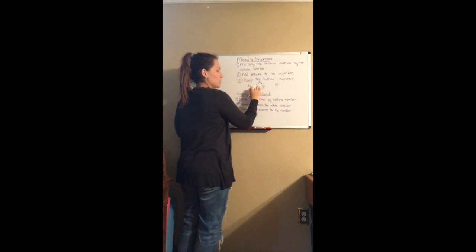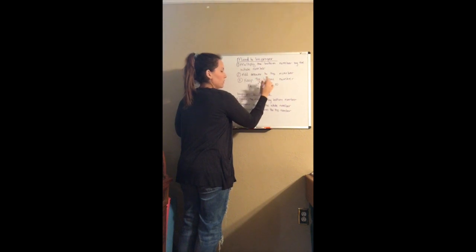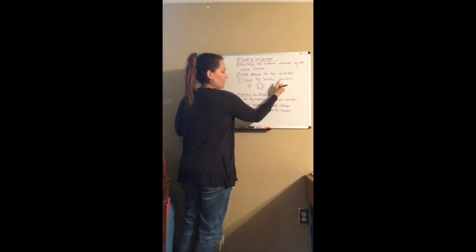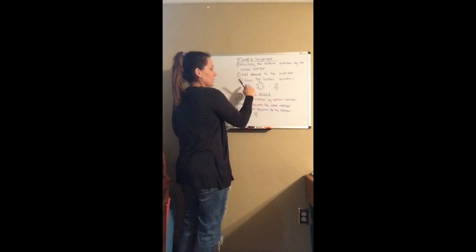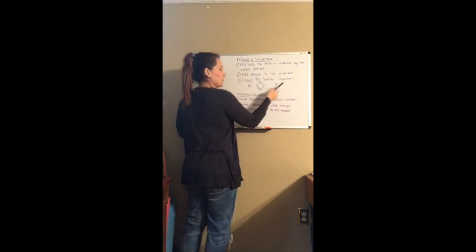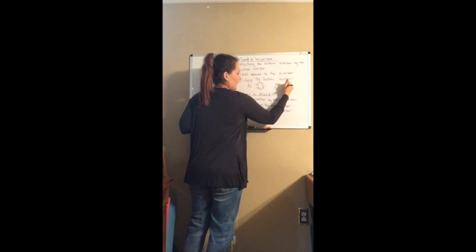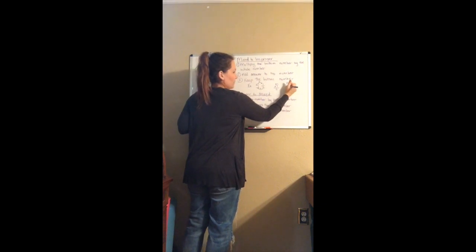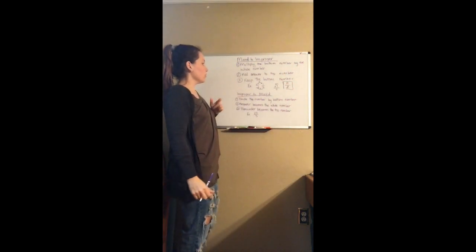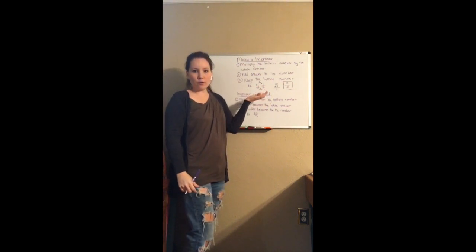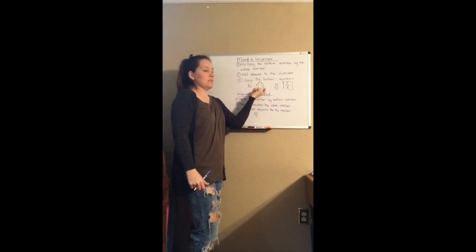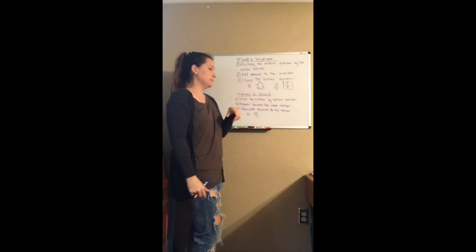So 2 times 5 is 10, plus this 1 we have on top is 11. Keep the bottom number, and this answer right here becomes our new top number. So 11 over 2 is the improper fraction that means the same as 5 and 1/2.